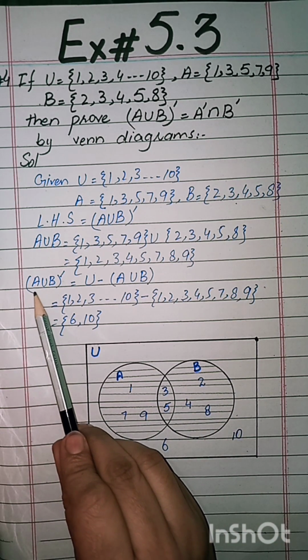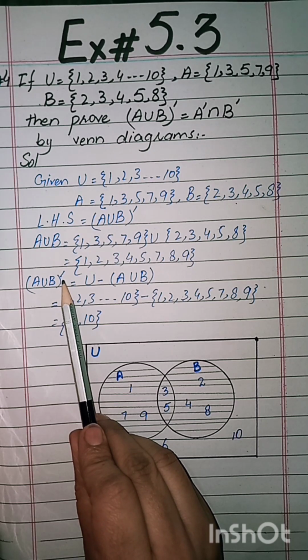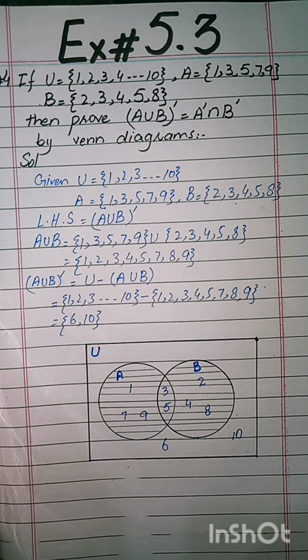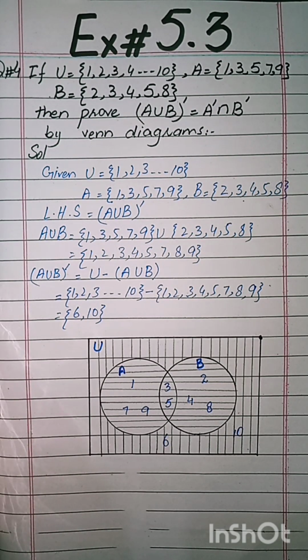Now we have to find A union B whole complement. The representation of A union B whole complement, we have to draw it with the help of vertical lines. So this is the mathematical representation of sets in the form of Venn diagrams.